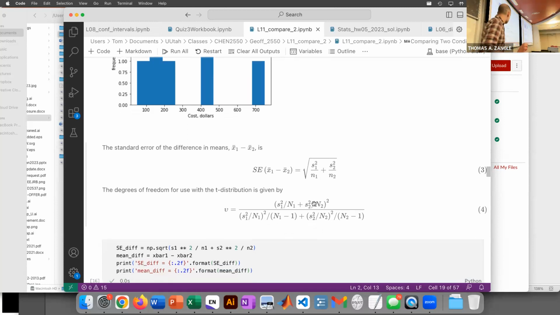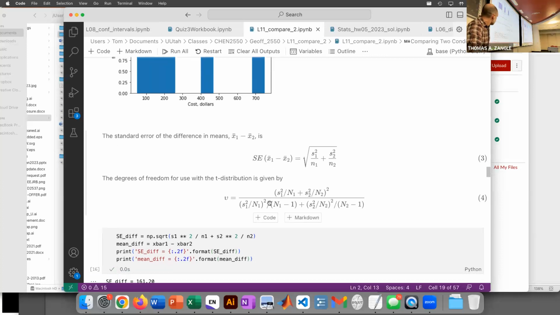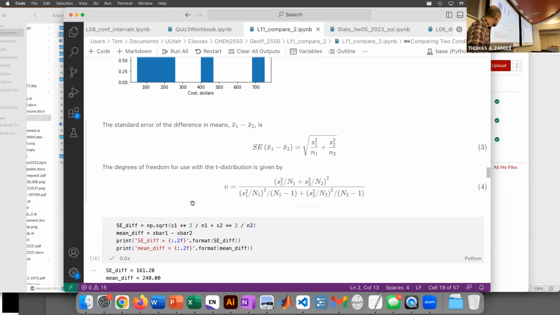And that means that our number of degrees of freedom is not necessarily going to be an integer. But that's fine. The t-distribution is still defined even if the degrees of freedom is not an integer. So we'll use this expression in equation 4 to find the number of degrees of freedom.